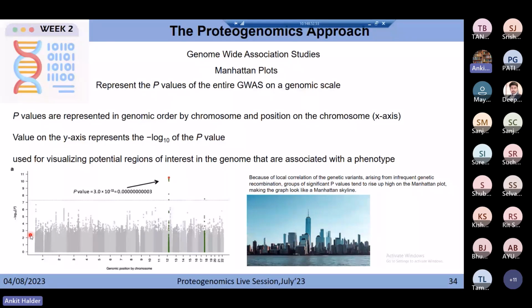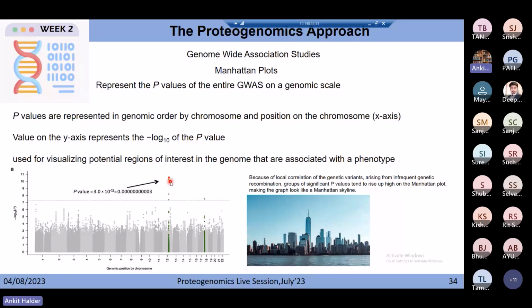Now what happens is that for a particular study, for a particular kind of disease, in a certain genomic region there is a huge association, and those p-values are very evident, and sometimes they reach very high.